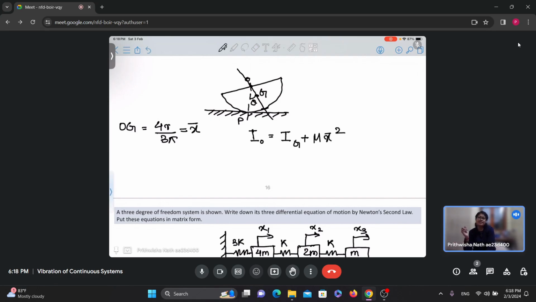Here I is the mass moment of inertia of this solid cylinder. So how can we write Ig? Ig can be written as IO minus M x bar whole square. Here capital M is the mass of the half solid cylinder.